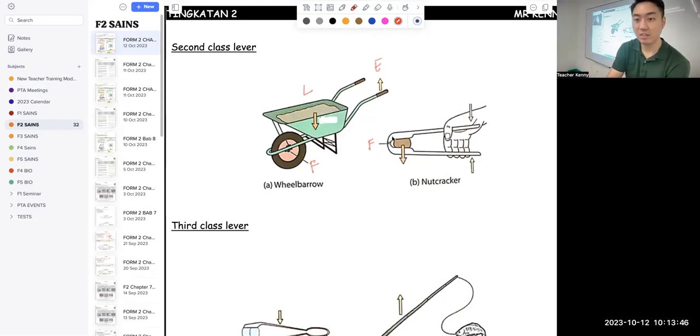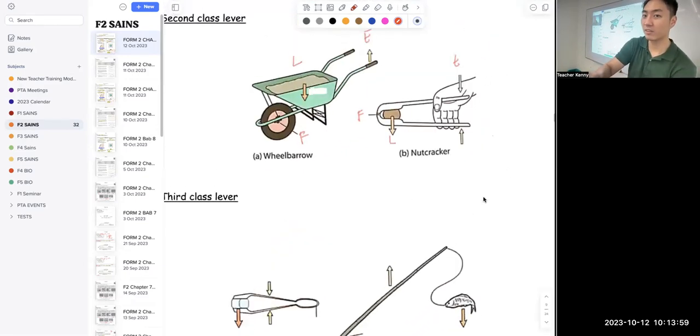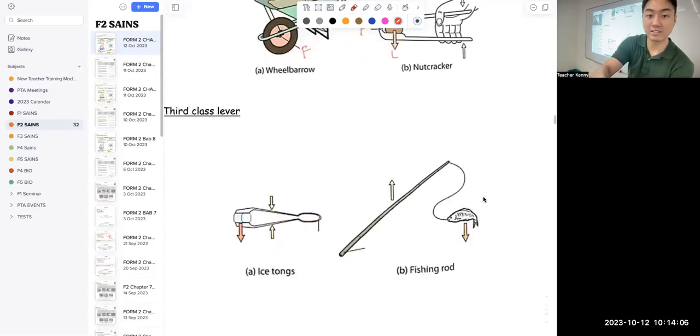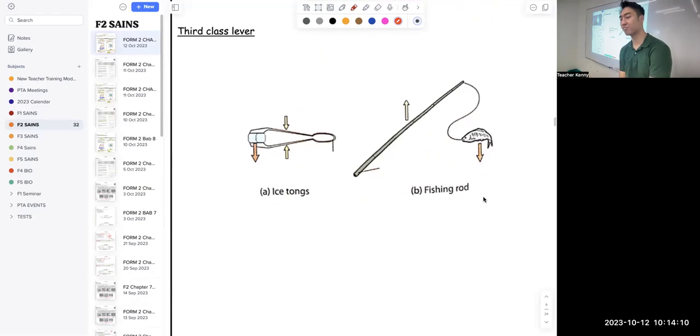And then the nut is the load, and where you put your force to push down. So L, the load is in the middle, between fulcrum and effort. It is second class. Third class lever, if you can, find where's the fulcrum, load, and effort. Go.